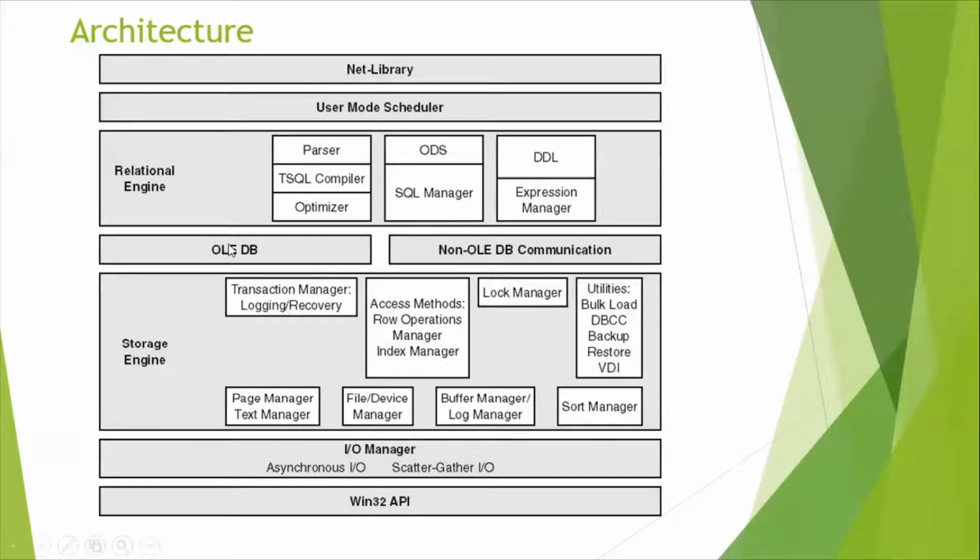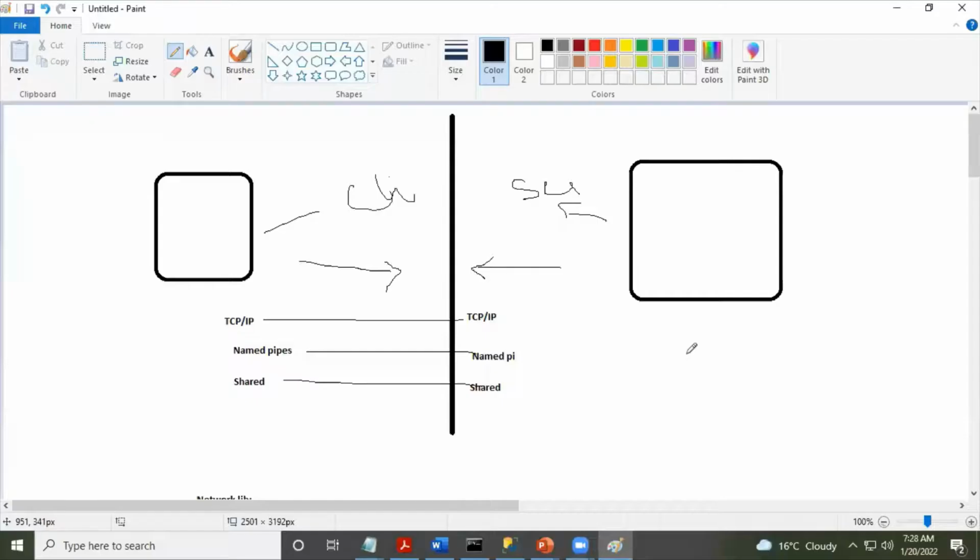For now, understand these are the components that we use. So the relational engine, and for example ODS. ODS is Open Data Services. It is considered an interface between the client and the relational engine. How that works, I'll explain.